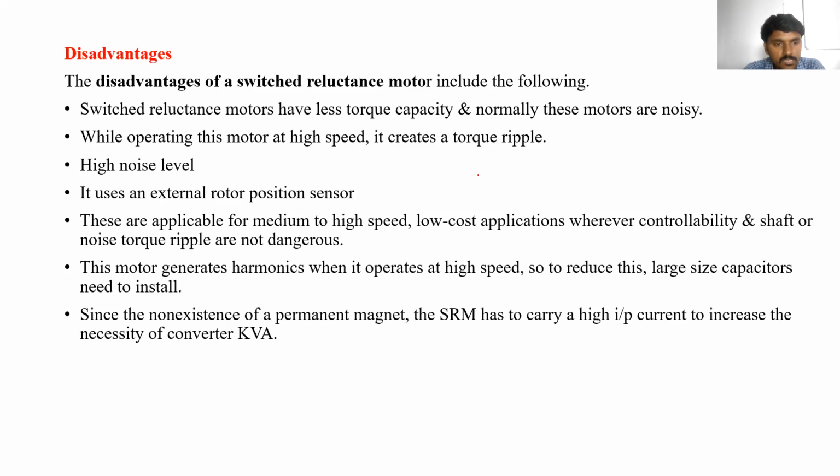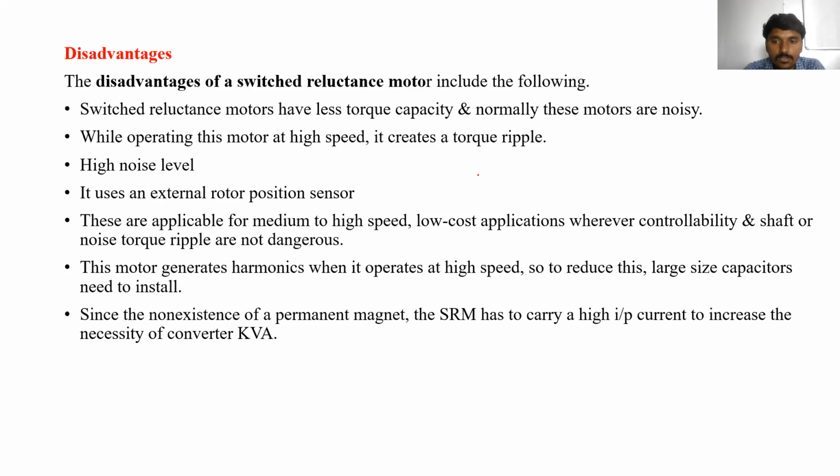Since there are no permanent magnets, the switched reluctance motor has to carry high input current, which increases the required converter kVA. Because we are not using any magnets in the rotor circuit, to get high torque the motor should receive high current from the inverter.